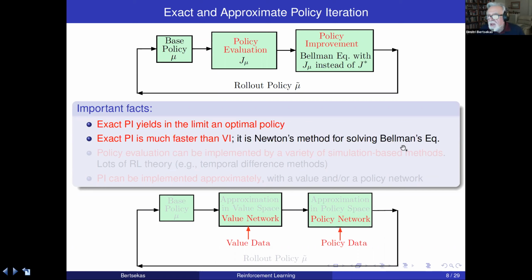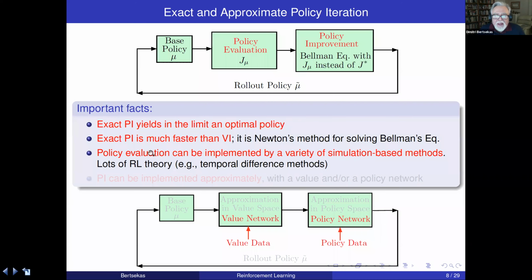It's a very important insight, both for rollout, because rollout is a single iteration of Newton's method, and also for the speed of convergence of policy iteration. So policy iteration, if you can implement it, is much faster. And if it's exact, it gives you the optimal policy.